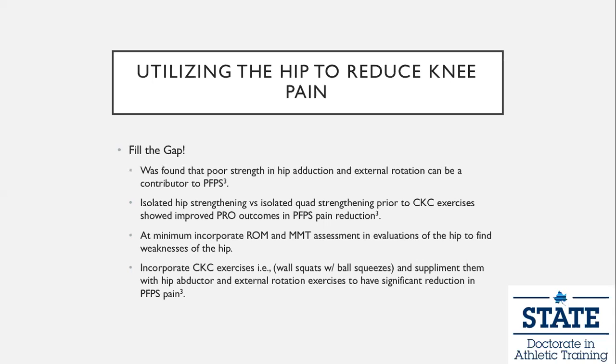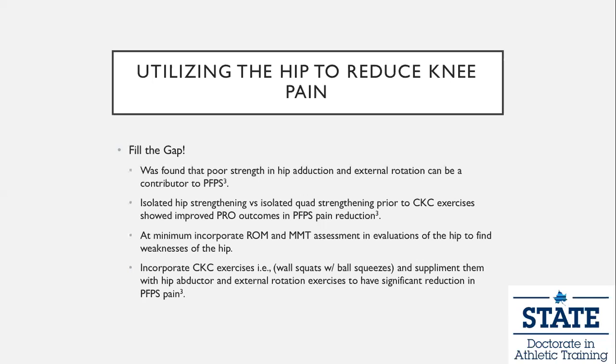And then as far as a rehab component, start to incorporate closed kinetic chain exercises like wall squats with ball squeezes, and then supplement them with isolated hip abductor and external rotation exercises to have that 1-2 punch with significant reduction in PFPS pain. So using the literature here helps me understand things to look for and really reinforces that I need to look above and below.